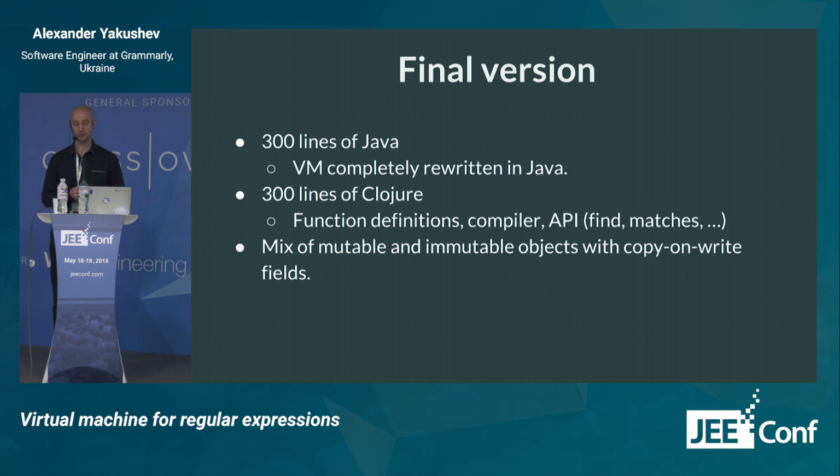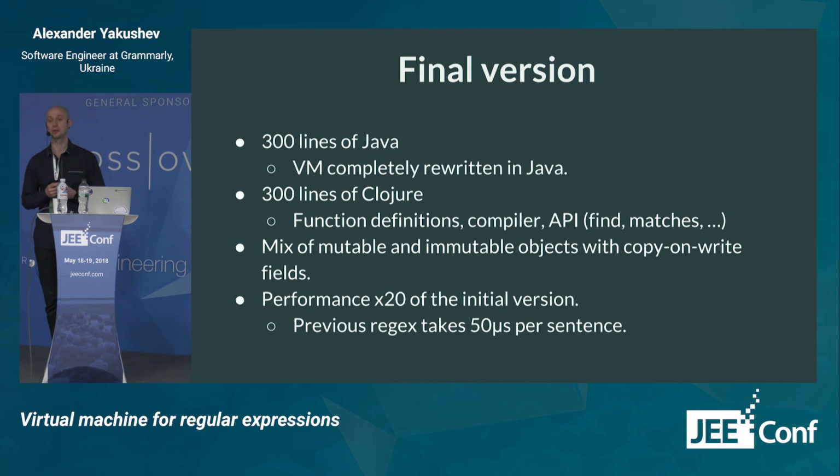In terms of data structures, it's a mix of mutable and immutable objects. There are copy-on-write fields. Whenever you change something, you actually get a copy of that. And the performance now is 20 times better. It takes around 50 microseconds to run some very specific regular expression on some sentence.